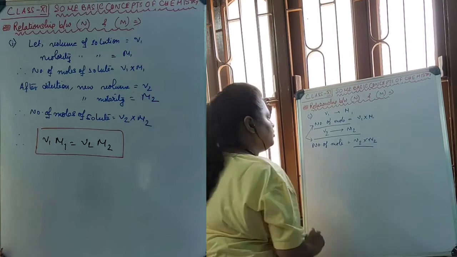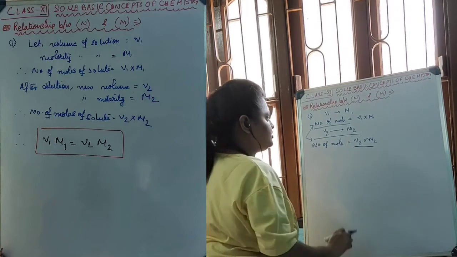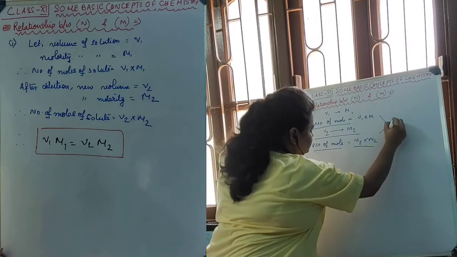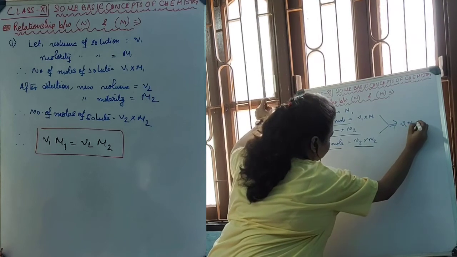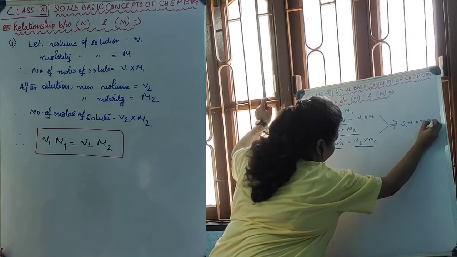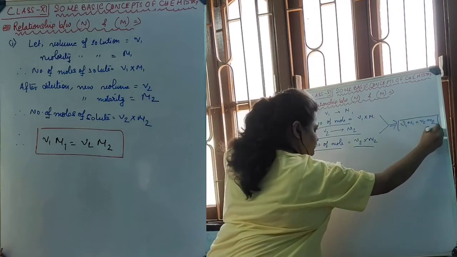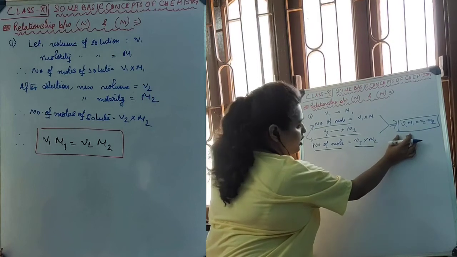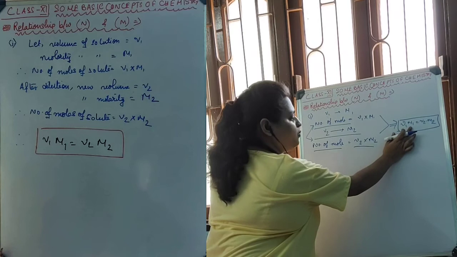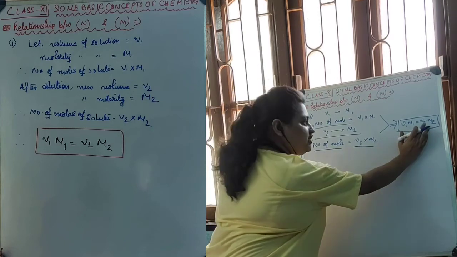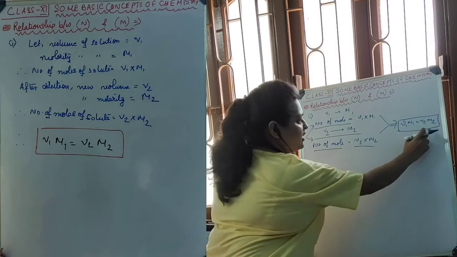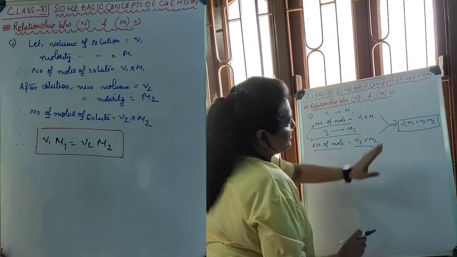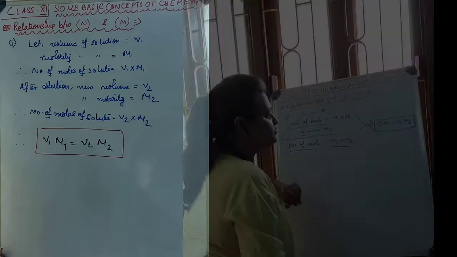Therefore, the total number of moles in the initial solution and after the dilution will be the same. Therefore I can write V1 M1 equals V2 M2. That is the relationship between a solution of V1 volume having M1 molarity when it is diluted to V2 volume with a new molarity M2.